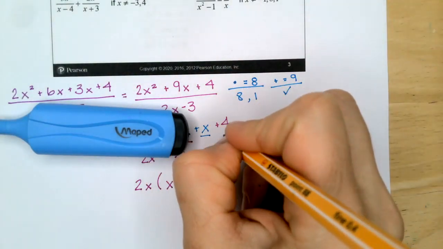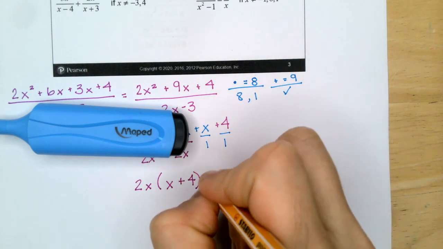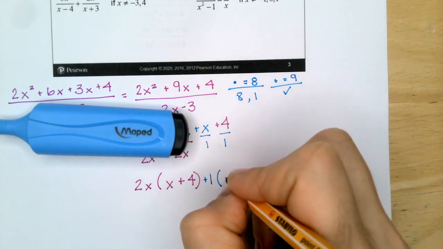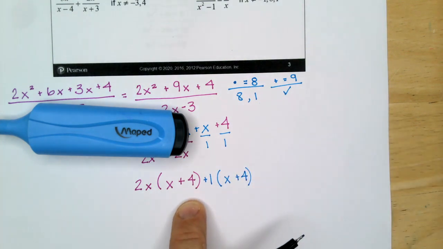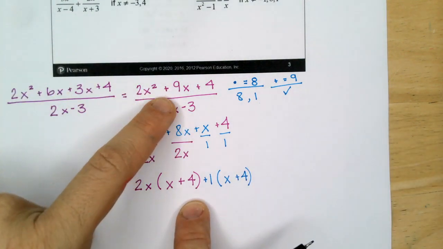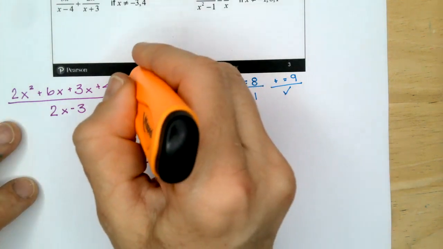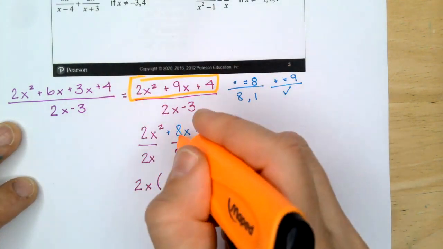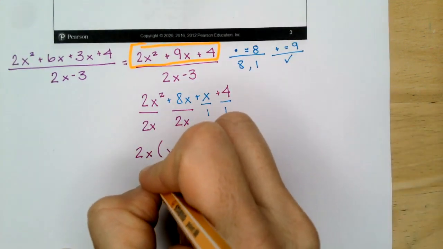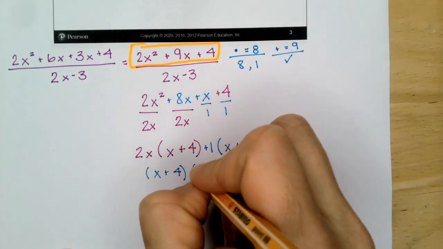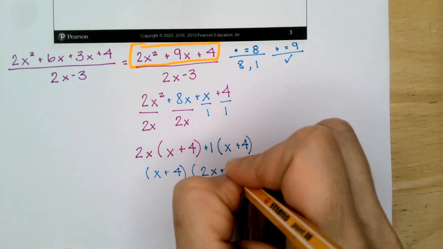Those don't actually have anything in common, so we're just going to divide them by 1. Plus 1. x divided by 1 is x. 4 divided by 1 is 4. So we're talking about 2x squared plus 9x plus 4 becomes x plus 4 times 2x plus 1.